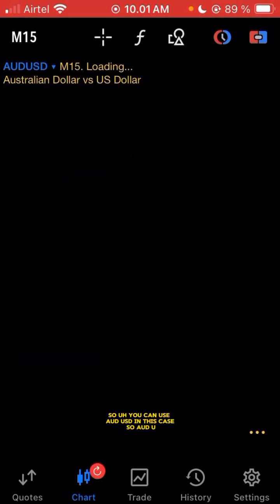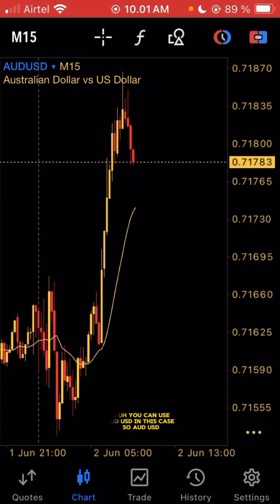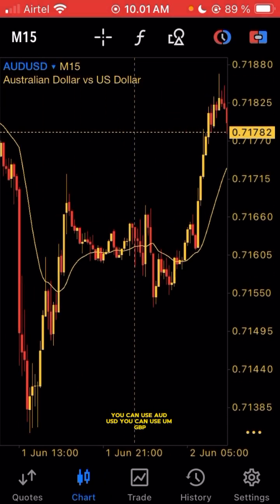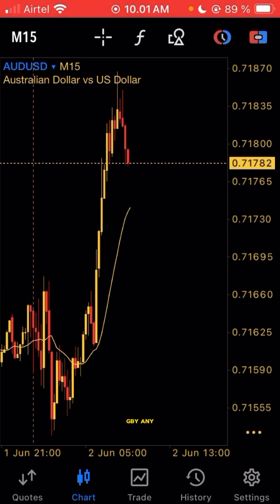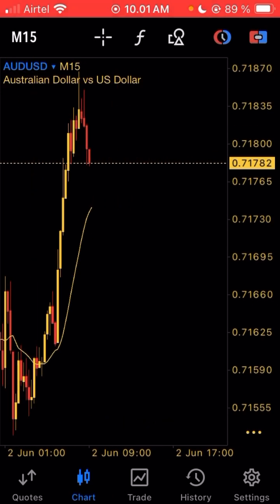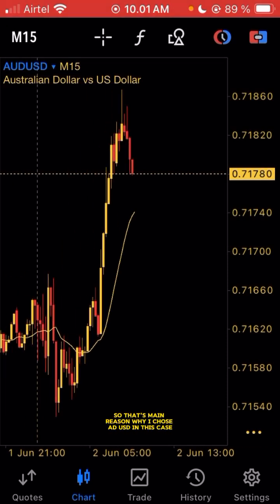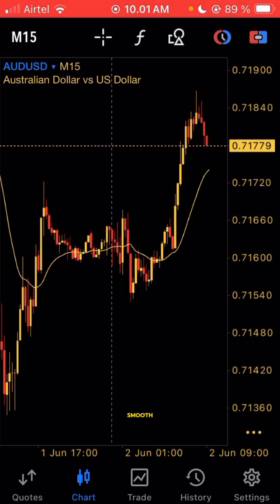You can use AUD/USD in this case, you can use GBP/JPY, any type of forex pair that has the USD to it. That's better. But if you want more volatility, you can use the JPY. So that's the main reason why I chose AUD/USD in this case, because AUD/USD is smoother during the Asian session. So that's the first thing.